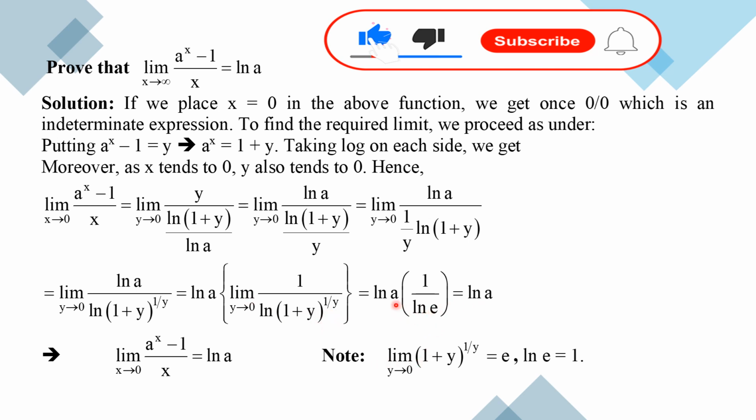So ln a over ln e, and ln e is equal to 1, so you will have just ln a. So limit x tends to 0, a power x minus 1 over x is ln a. Here is a 0, so you must rewrite this 0 in your copies. Note: limit y tends to 0, 1 plus y to the power 1 over y is equal to e, ln e is 1.